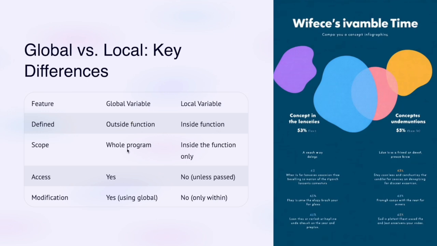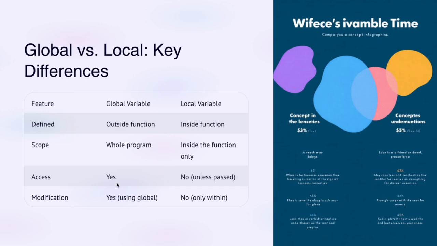Scope of a global variable: in any application or program, the global variable will exist throughout the program, while a local variable exists only inside the function. Global variable, yes, you can access. Local variable, no, you cannot access, only if you have the access.